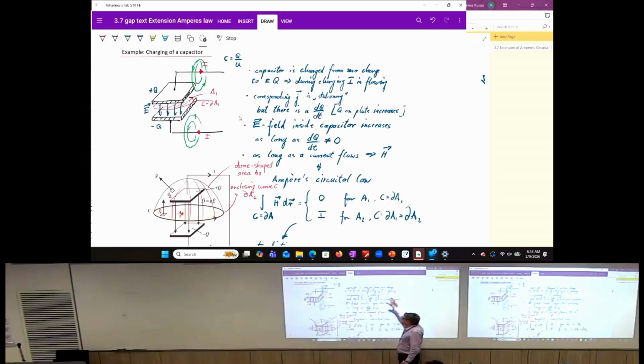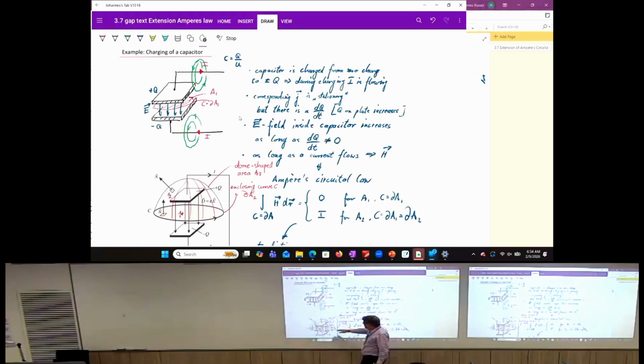So first, we were putting in this control area, and it has some contour, some closed path along which we can evaluate our integral for Ampere's law.